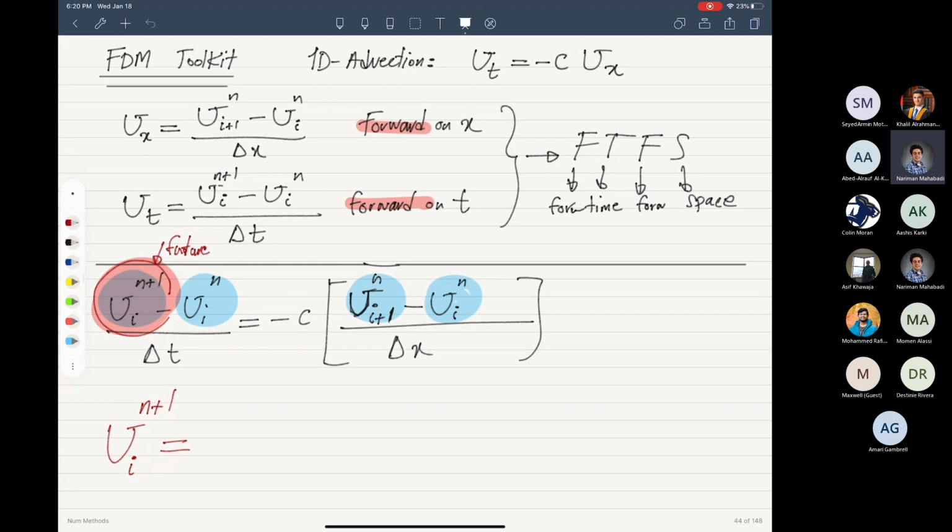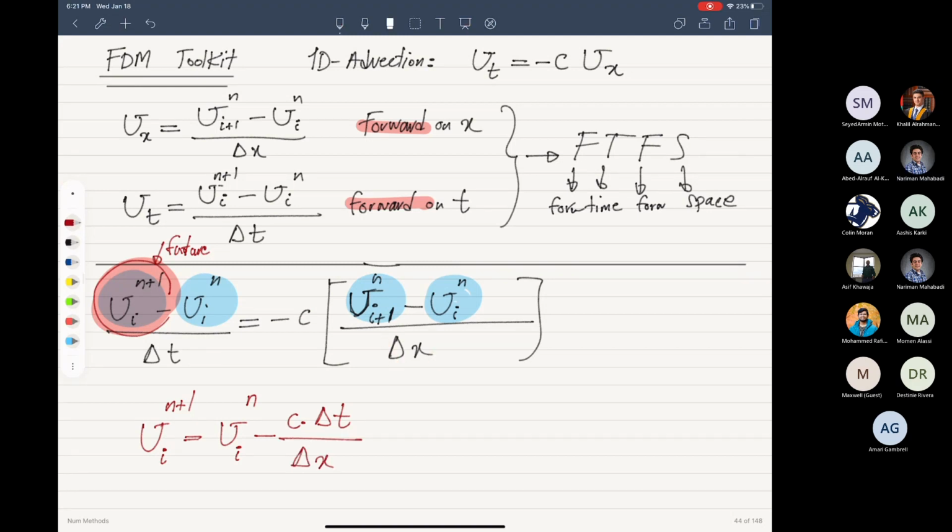So if I rewrite everything, the final form of the equation is going to be u at the next time step equals my unknown function at this point at the current time step, minus c times delta t, divided by delta x, times u_(i+1)^n minus u_i^n. This is my final form of the equation.